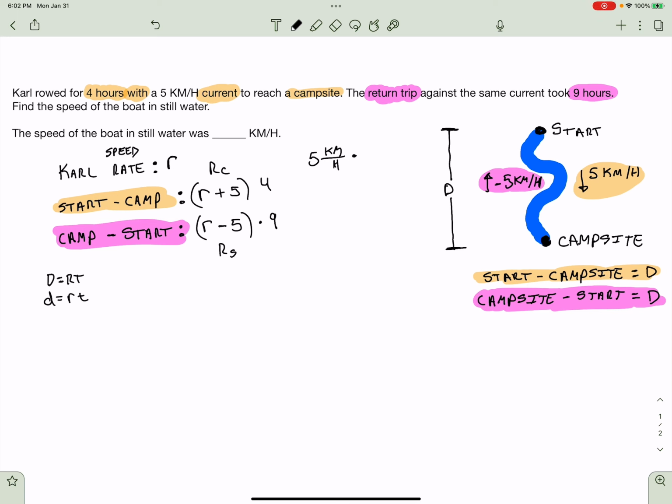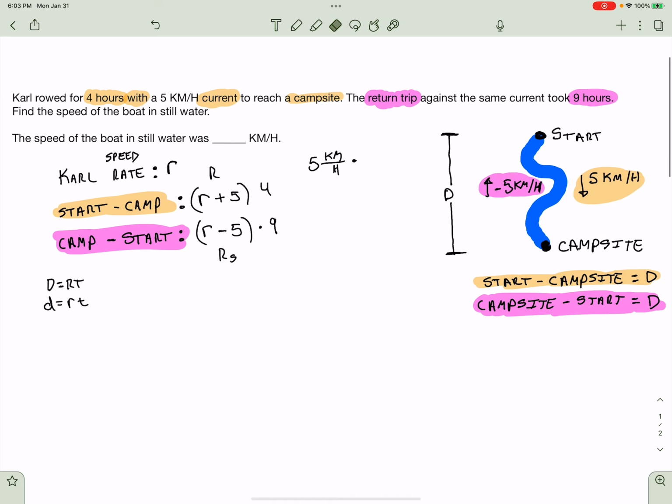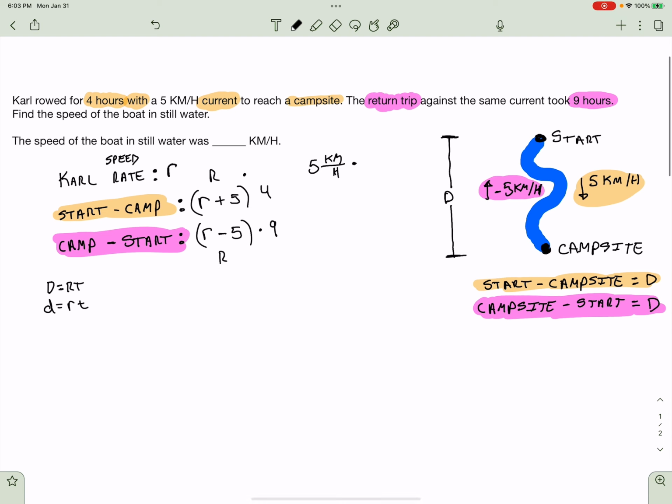What we do know though is since we have a rate times the time on both of these, that is going to equal distance. So here, these equal the distance. Whole lot of D's there. But these distances are the same, right? So I could say distance equals 4 times r plus 5.